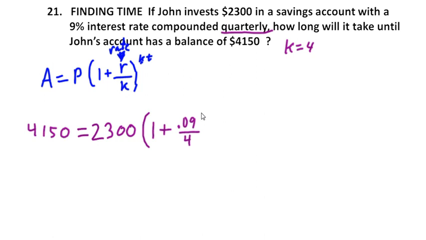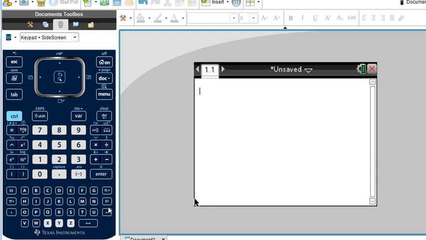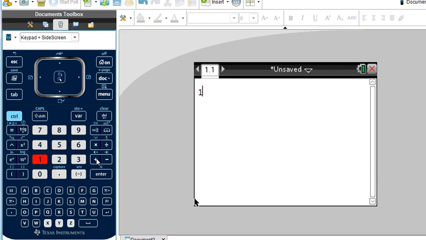So 0.09 over 4 to the power of, well, we have K, which is 4, and then we have T. So just kind of simplifying, we have 1 plus 0.09 divided by 4. So we're going to have 1.0225.